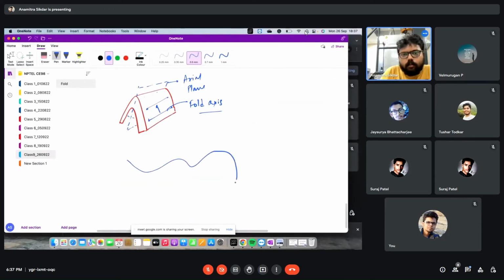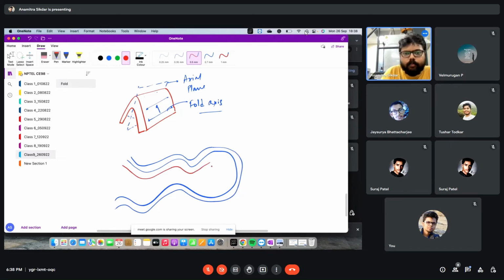So this is the younger layer, this is the older layer, right?